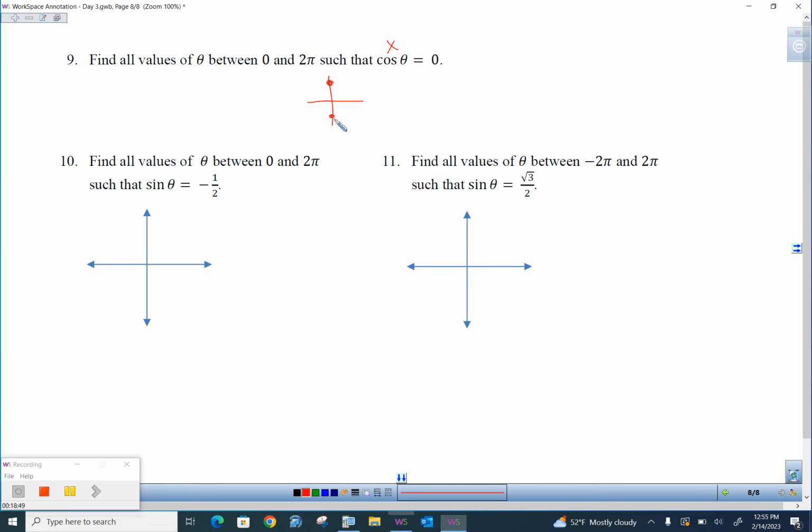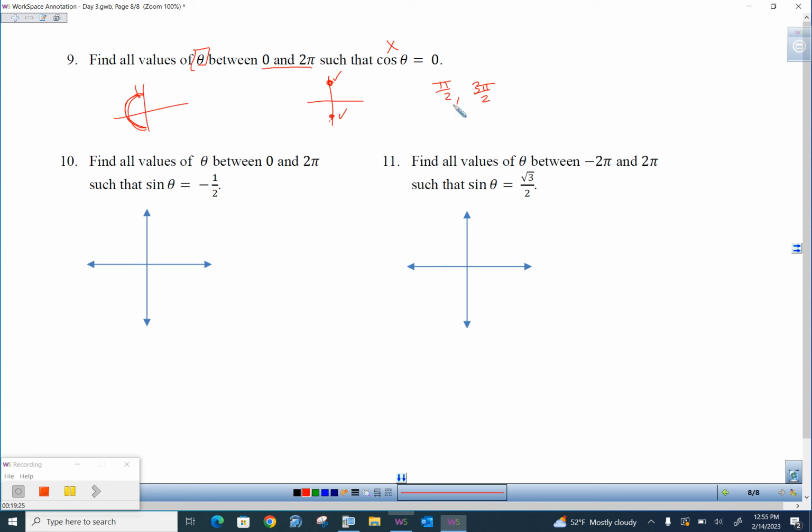I don't want to answer this as the ordered pairs, but I want the angles that would make this a true statement. And there are 2 of them. The angles should be in radians based on this part, and that is pi over 2. If you need to start at 90 and convert, that's fine. This down here is 270, but that's 3 pi over 2. And those are individual values. It's not like what we did last time where there was a whole interval.